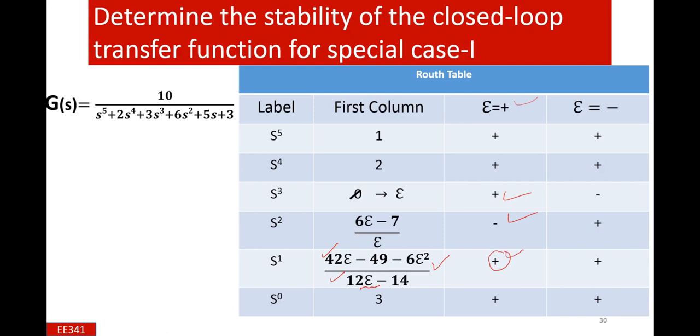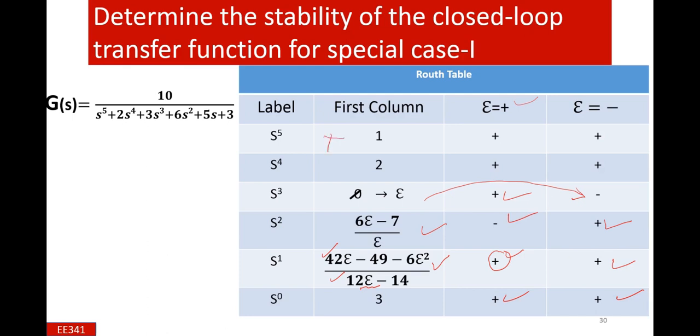And similarly the third one, 3, is positive. Similarly we can find the sign changes by taking epsilon as negative. For example, in this row, if we consider this negative, the next row will be positive, this row will be positive, and similarly this row will be also positive, and 3 is also positive. So there are two ways to explain the situation of the first column.